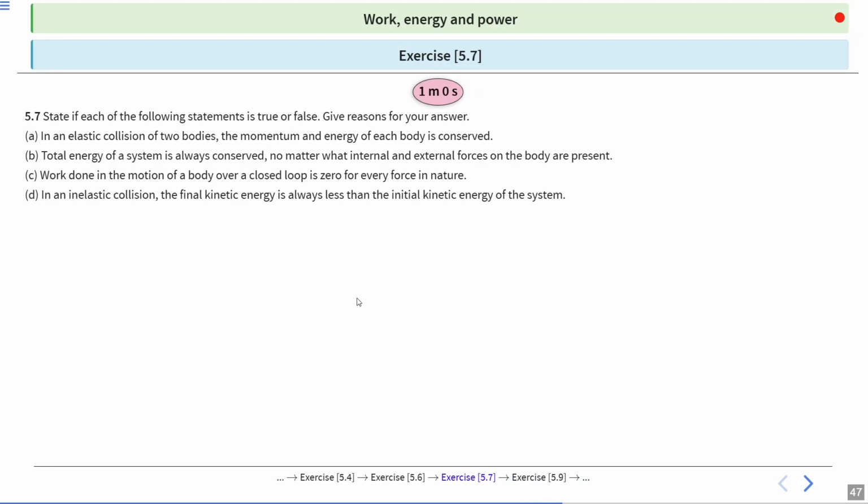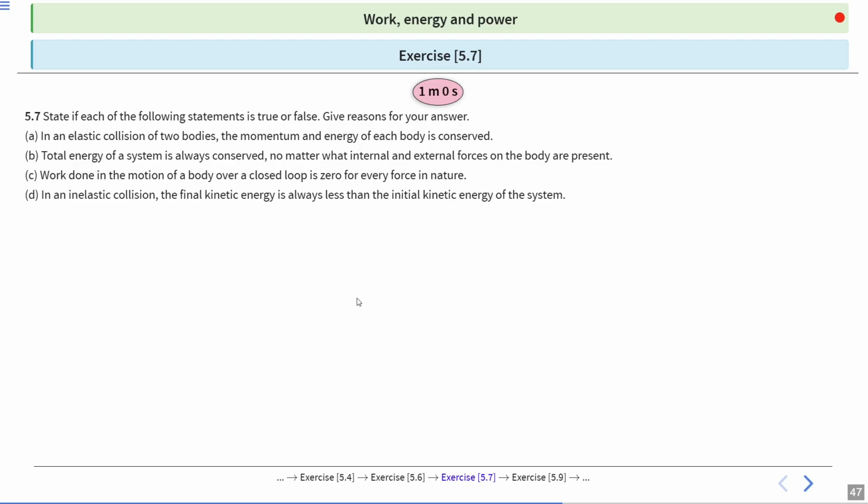Next question. State if each of the following statements is true or false. Give reasons for your answer. A: in an elastic collision of two bodies, the momentum and energy of each body is conserved. B: total energy of a system is always conserved, no matter what internal and external forces on the body are present.